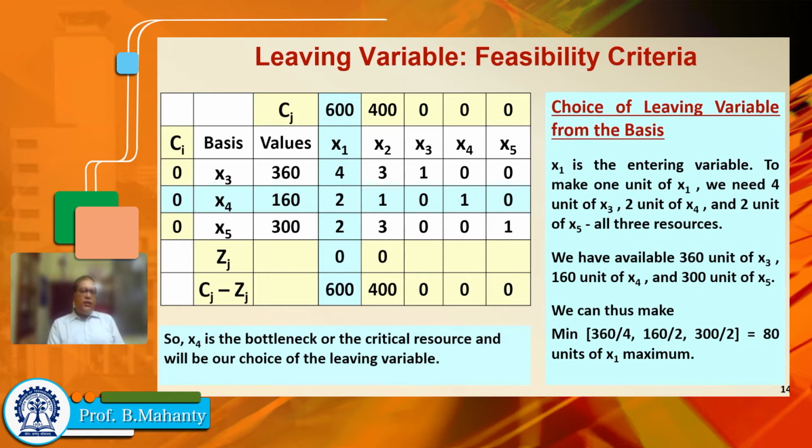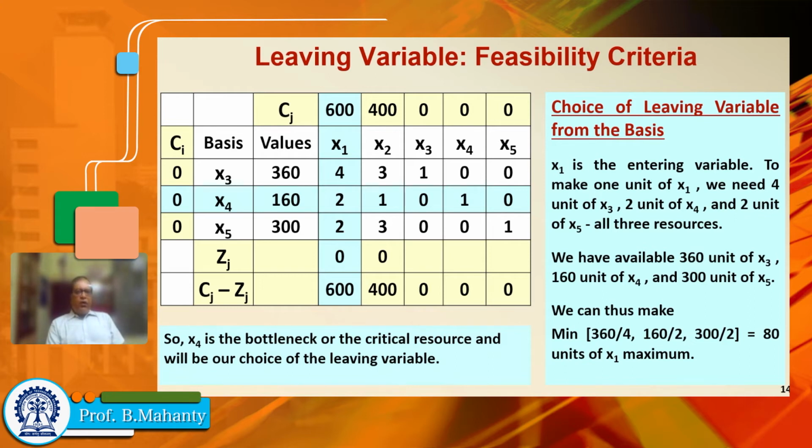Now x2 was already there, and the new entry will be x4. So in the first constraint, x1 will be eliminated. In the third constraint, x1 will be eliminated. And x1 will remain only in the second row, that is our key row.